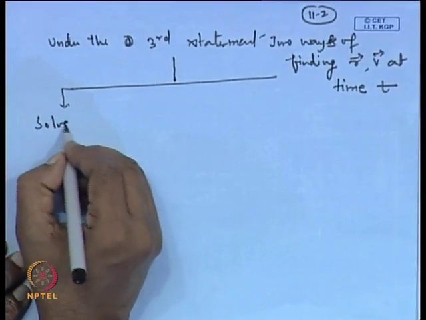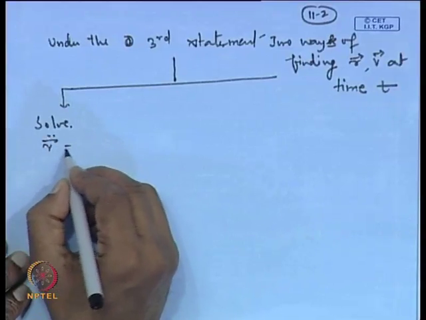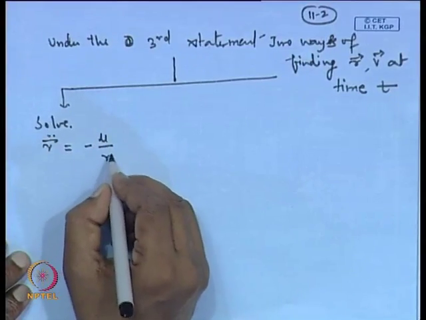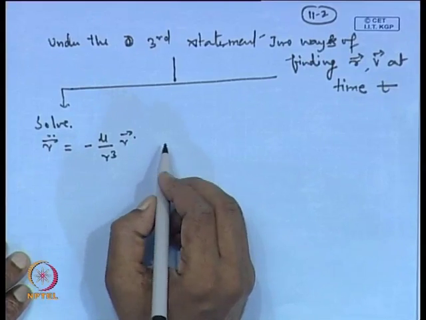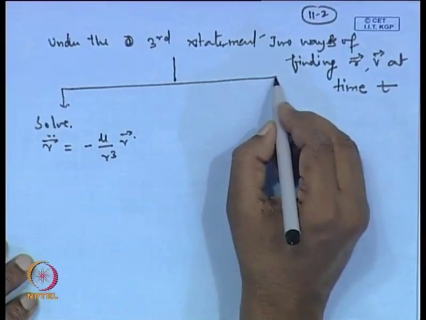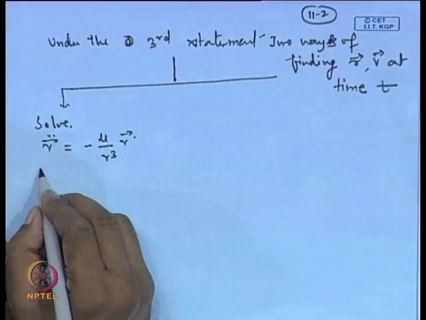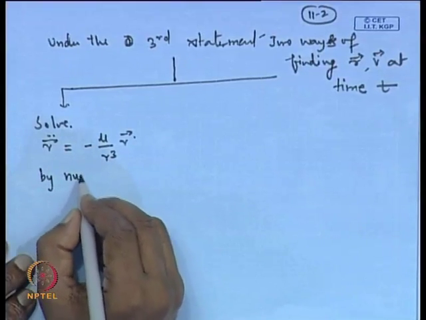First is to solve r double dot equal to minus mu by r cube r, by numerically integrating.